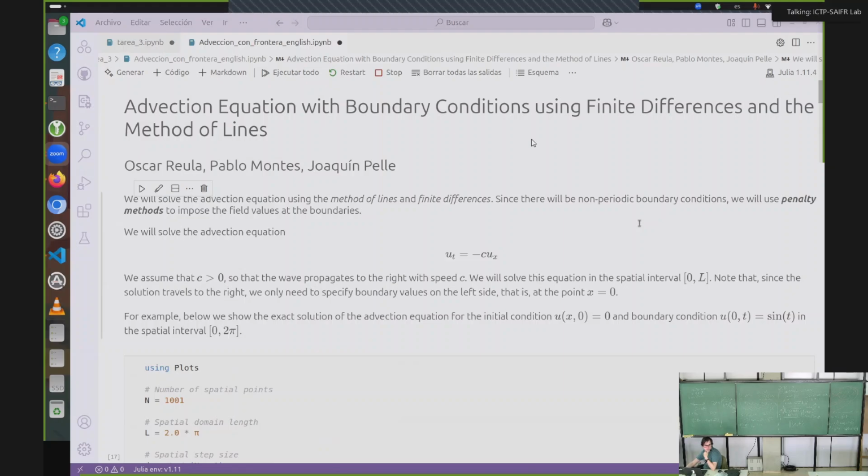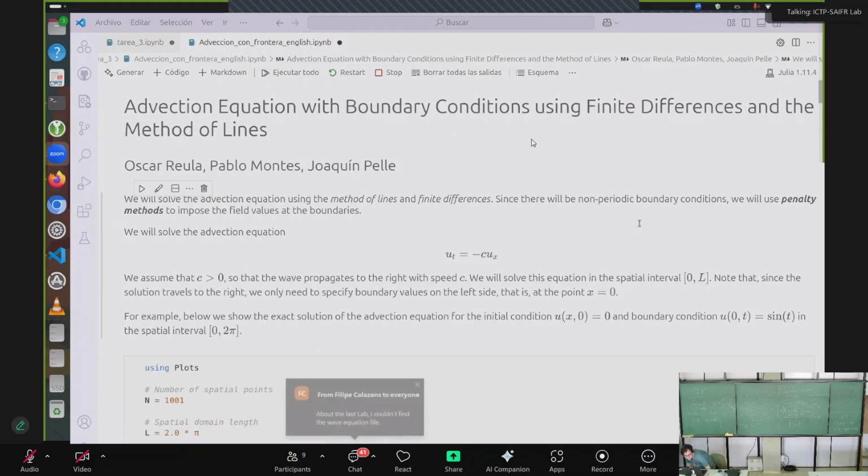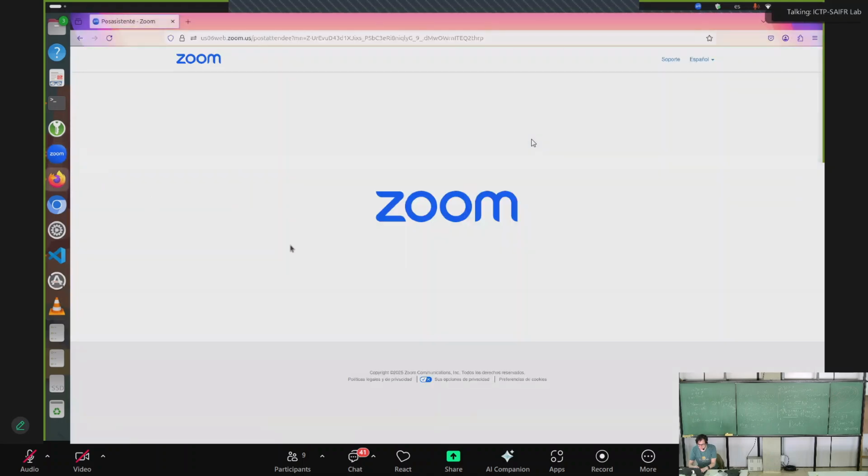Okay, so in that case, if you don't have any questions about the last lab, I couldn't find the wave equation file. Okay, so that should be available.